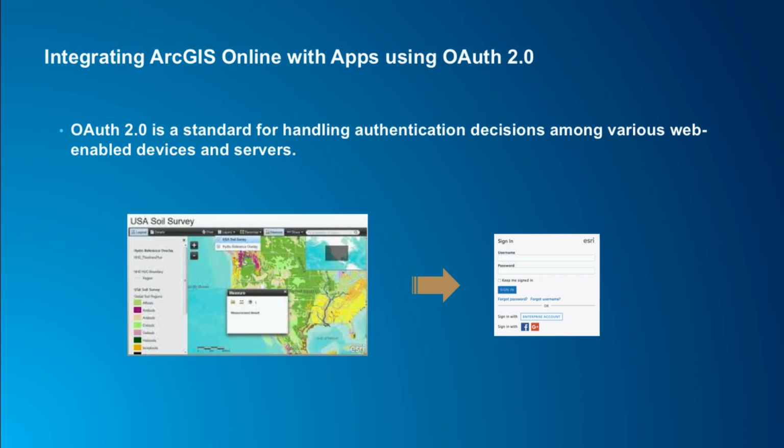That login goes to ArcGIS Online, we authenticate it, and then we pass back a token that you can use to access private information from that user in the application. So if the user wants to leverage your application using their private information or their org information, you're able to do that.